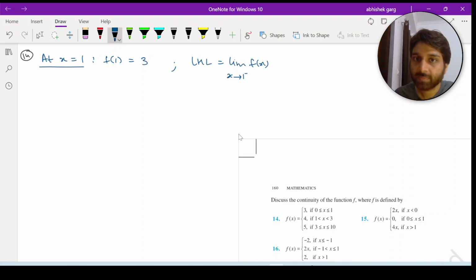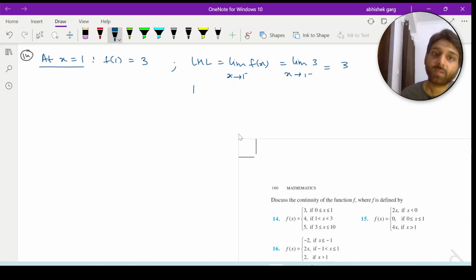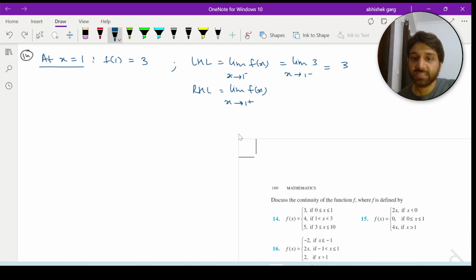For 1 minus, it is anyways equal to 3 only. So we'll replace f(x) with 3, so this becomes equal to 3. Now what is the right hand limit going to be? Limit f(x) as x tends to 1 plus. When x is more than 1, we can see that the function becomes equal to 4, right? So we'll put f(x) is equal to 4 here, so we'll get 4 here.